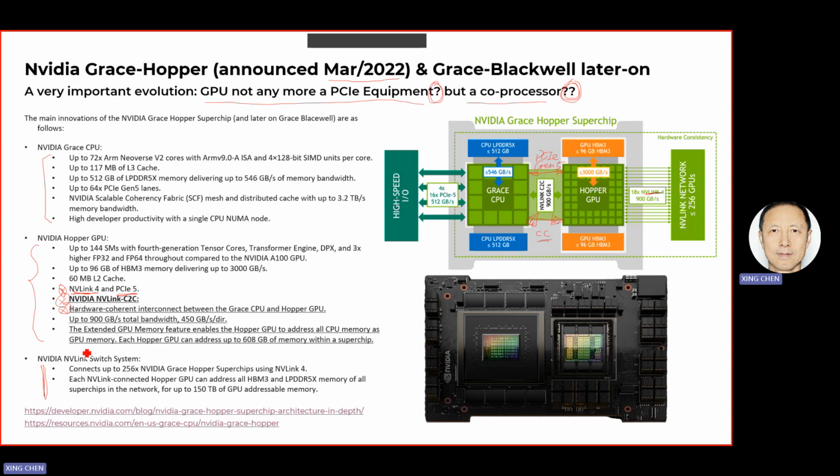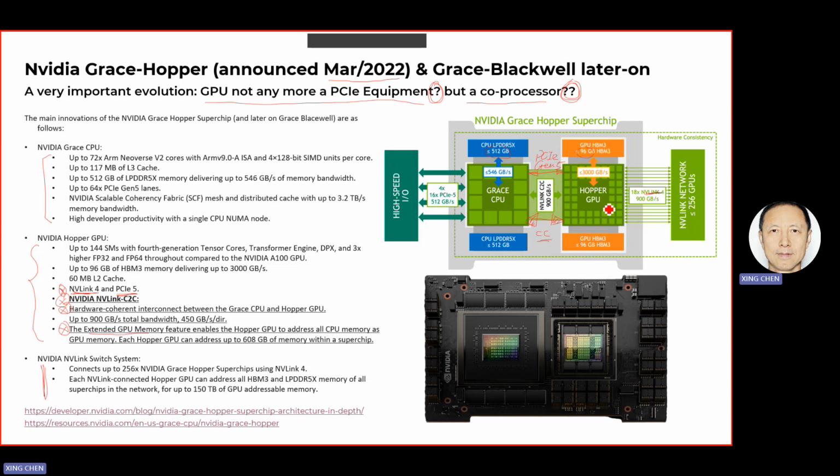And at the end, what we have is the extended GPU memory feature, which enables the Hopper GPU to address all CPU memory as GPU memory. Each Hopper GPU can address up to 608 GB of memory within a superchip. If we do the math, 608 equals 512 plus 96.